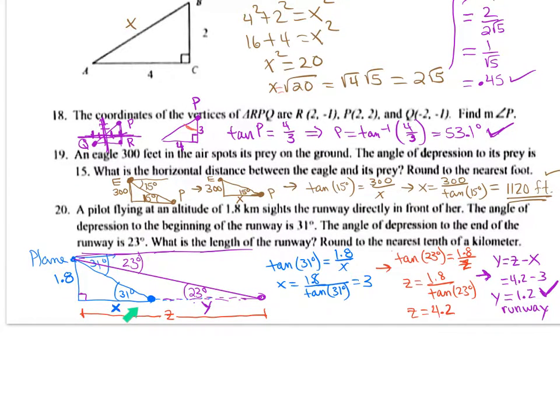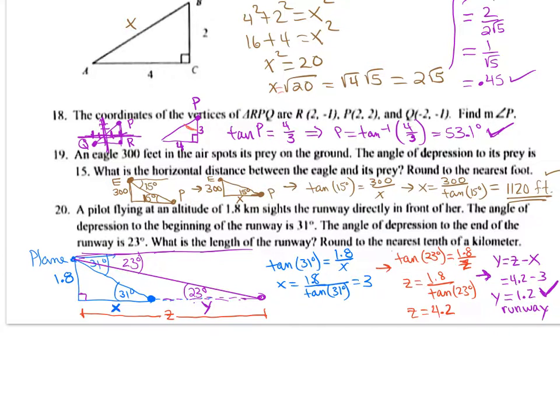Now, the plane also sees the end of the runway, which is this purple dot. The blue dot is the beginning of the runway. So when the plane looks at the end of the runway, the angle is 23 degrees, which means it's also going to be 23 degrees in the lower right corner because they're alternate interior angles.